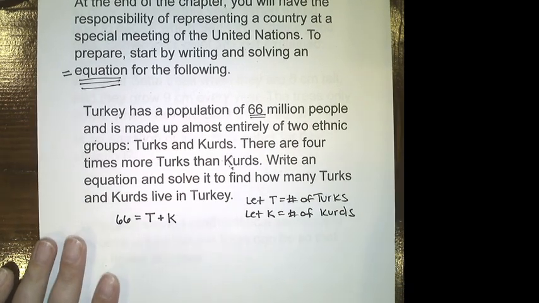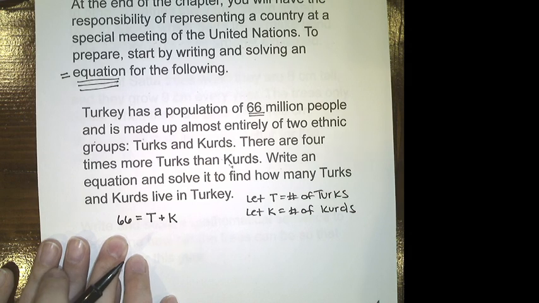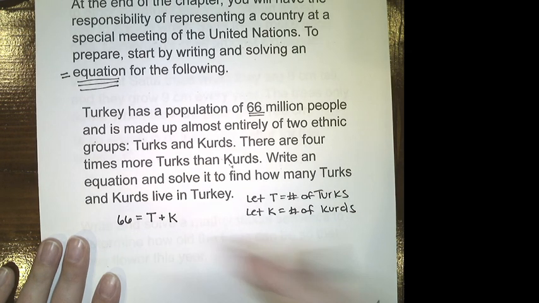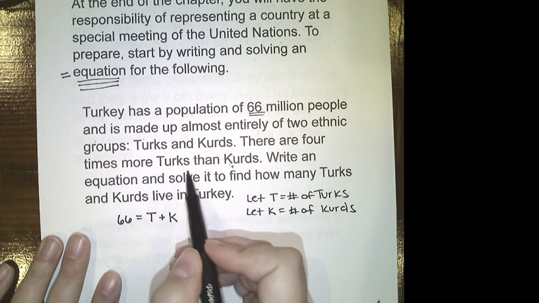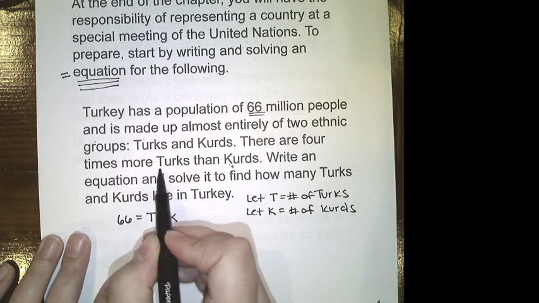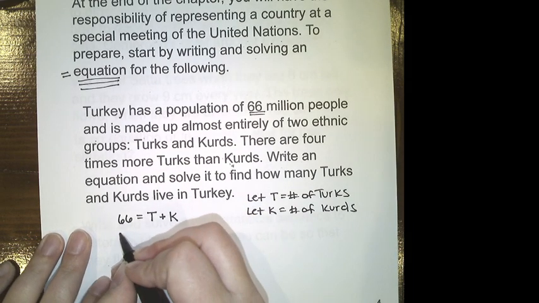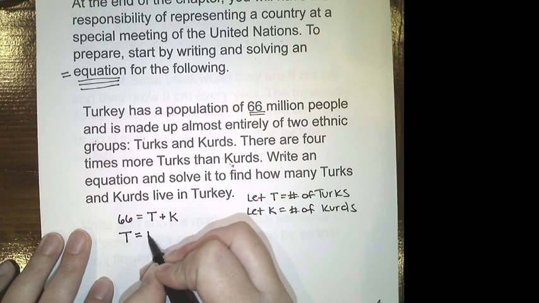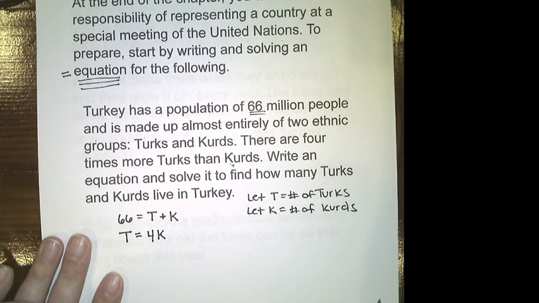So there's our first equation. The 66 million is a total, which makes up Turks and Kurds. The second part we have right here, there are 4 times more Turks than Kurds. So that means we have more Turks than we do Kurds. So if we say T, well, we have 4 times more, which is a 4 times K.